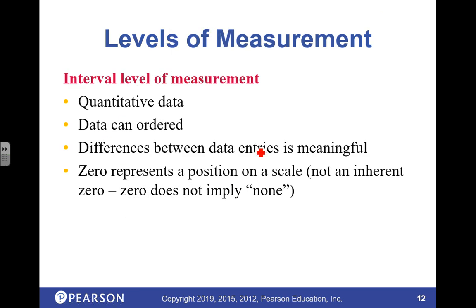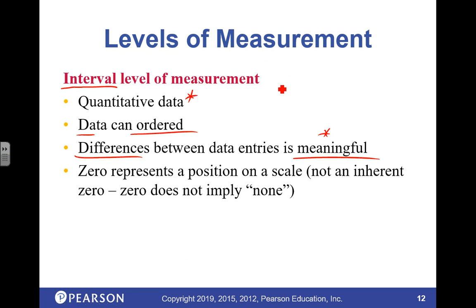All right, the next level we'll discuss is interval level of measurement. It's used for quantitative data. It's dealing with data that can be put in order. So it's similar to ordinal data, but the differences are meaningful. If we know how far apart 2 values are, that has very important meaning.